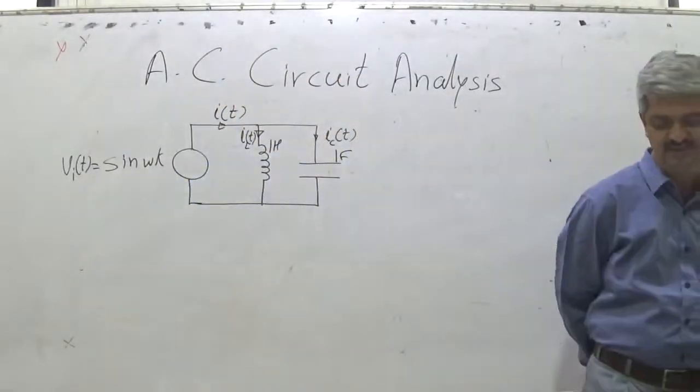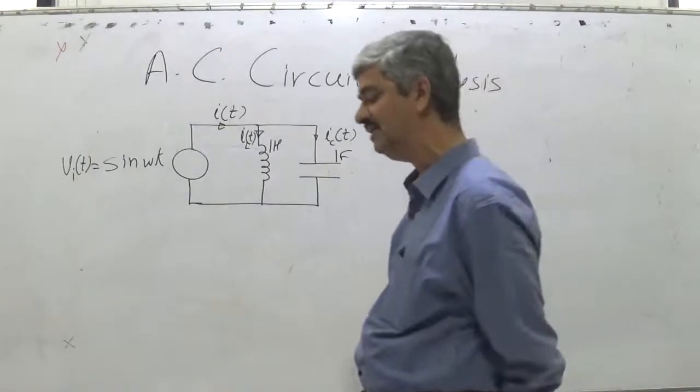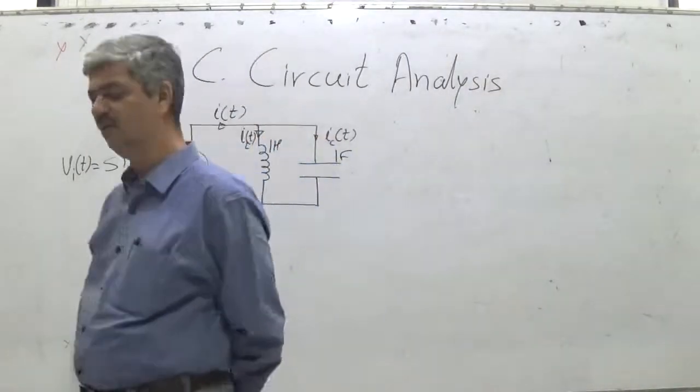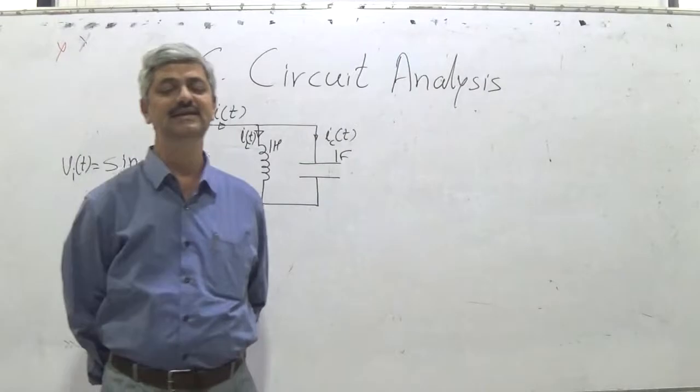We use the simple logic, j square equal to minus 1, and j sine is cos.